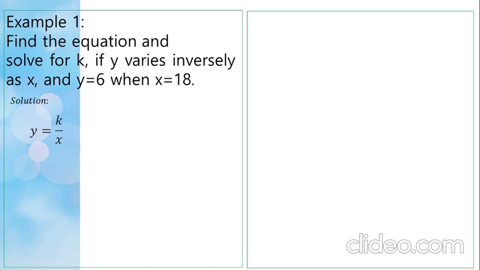Then, we substitute the values of y and x in the equation, where y is 6, x is 18. Therefore, we have 6 is equal to k over 18. Getting their cross products, we have k is equal to 108.